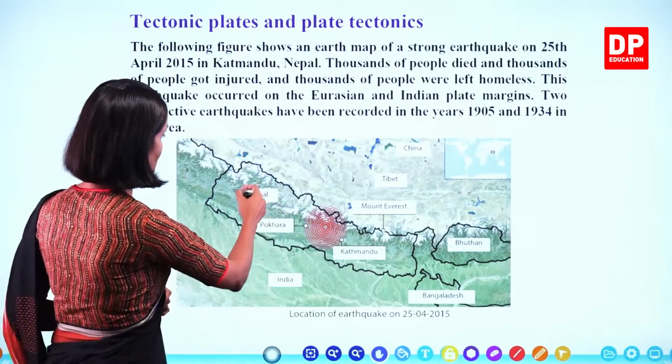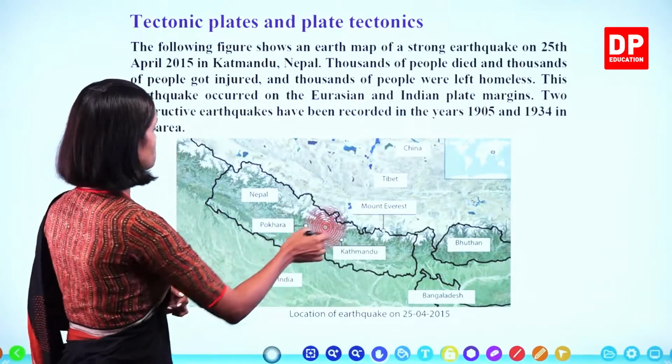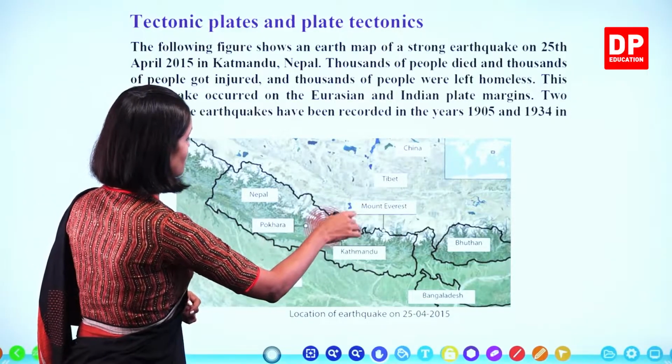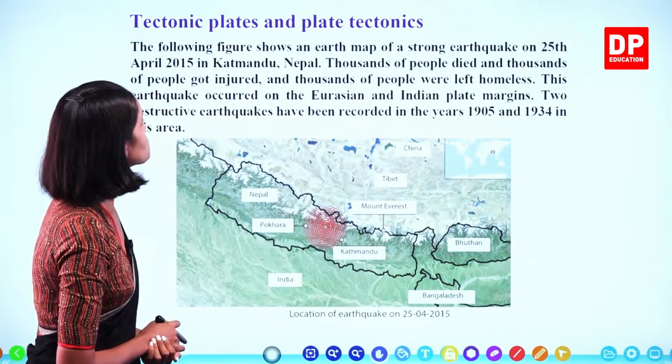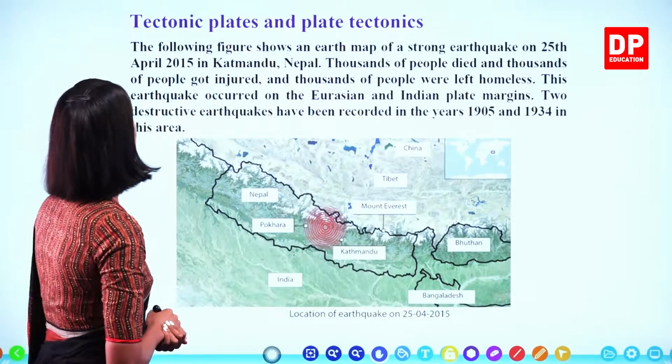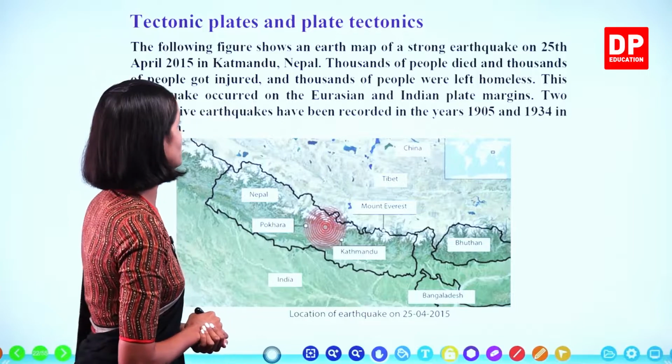Right? This is Nepal. This is where Kathmandu is. Okay? So this is the area that the earthquake affected. Right? Thousands of people died, thousands got injured, and thousands were left homeless.